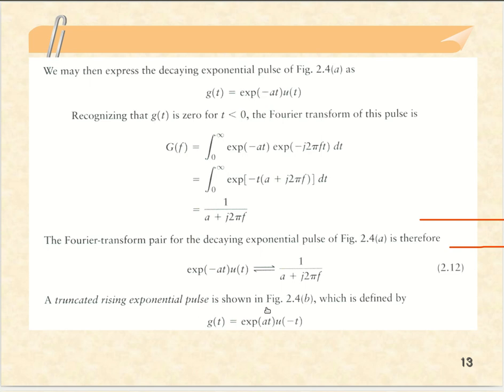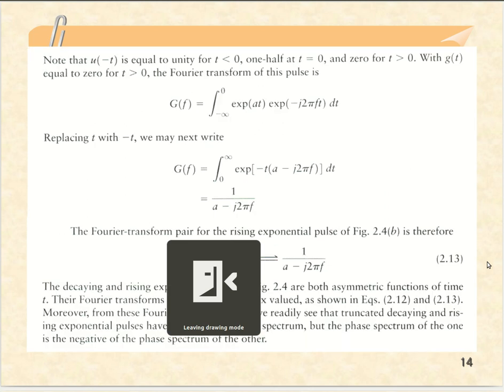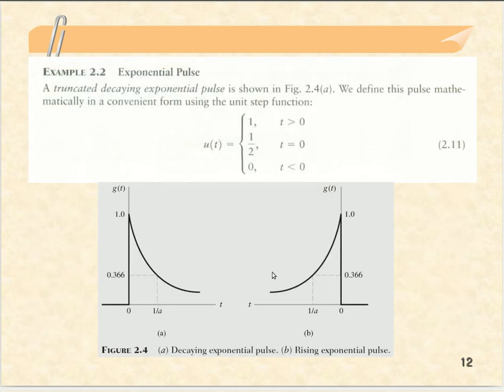This is the definition of u of minus t. And the exponential is like this, from the other side. If you multiply both of them, if you multiply 1 by anything, it gives you the same thing. So this is the signal I am speaking about, from 1 and going to infinity, at infinity 0.